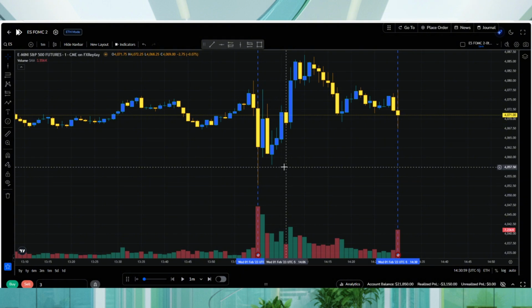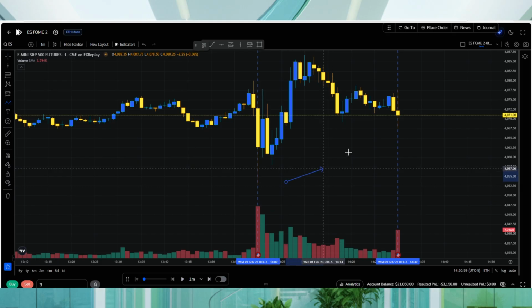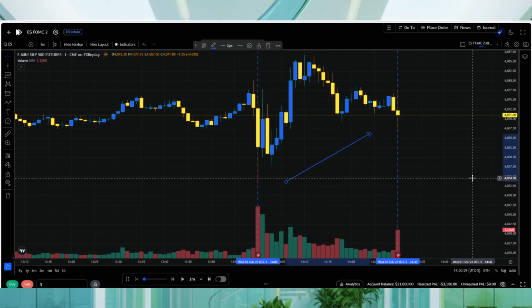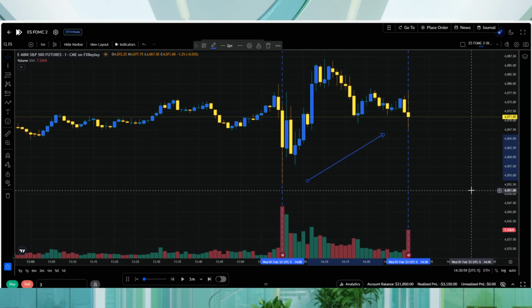And according to me, though, because we print a higher high here, I would be taking longs. However, on ambiguous days, you can take shorts as well, and shorts do fulfill. So it is up to you.